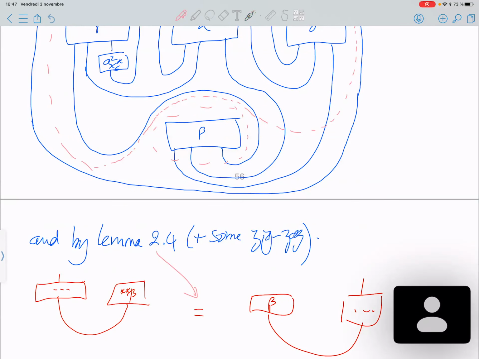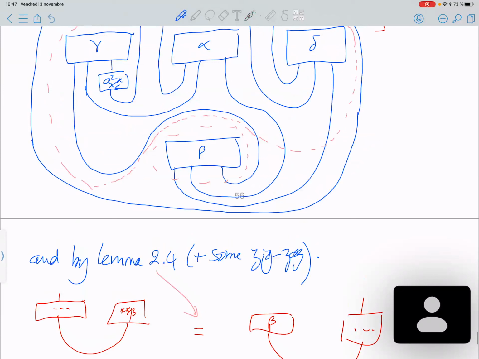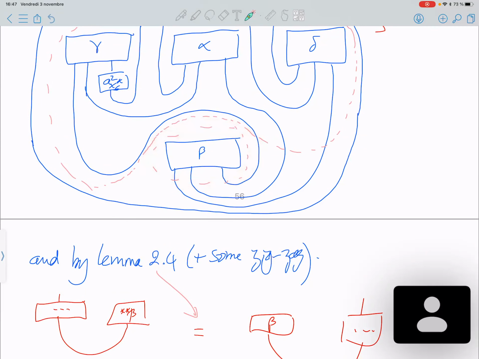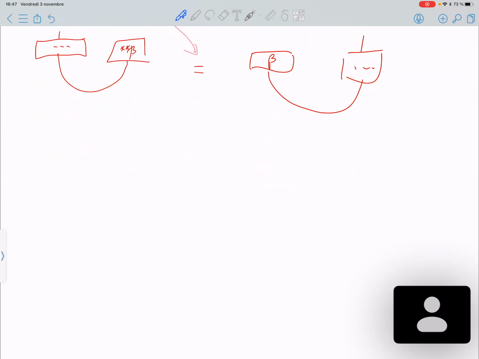So we do that, and what we get is the following. So now we can move that, move the string the other way and put double star. This is exactly what we can do. So T of alpha, beta, gamma, delta equal like that. So gamma, alpha, delta.